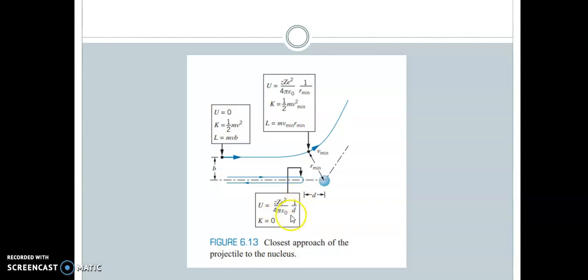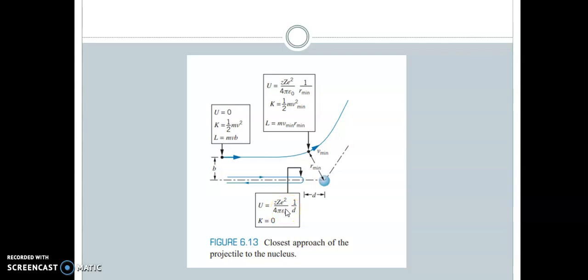Okay, and this u is equal to the kinetic energy when the projectile is far away from the nucleus. So this is the total energy here. So this should be equal to the total energy here. So this is equal to half mv square, and from that we can find the value of d, that is z square by 4 pi epsilon 0 into 1 over kinetic energy.